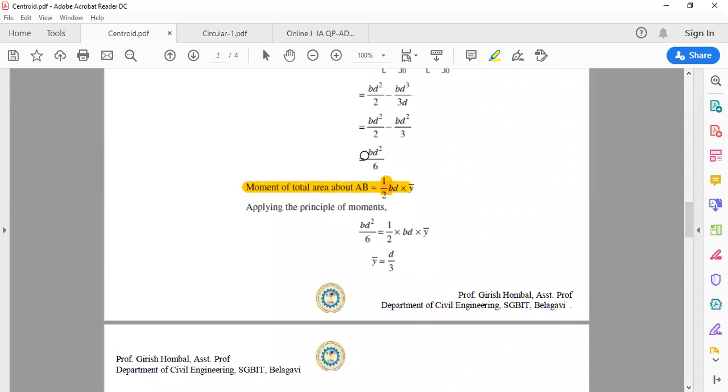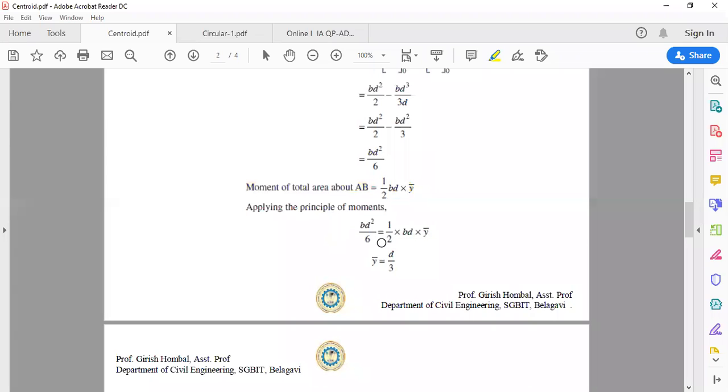Now what I'll do, I'll equate the third and fourth. So you can see in the next step, b d square by 6 is equal to half into b d into y bar. If you rearrange the terms, you will get y bar equal to d by 3. If you keep y bar on one side and transfer b d by 2 to the other side, it will be 2 by b d.